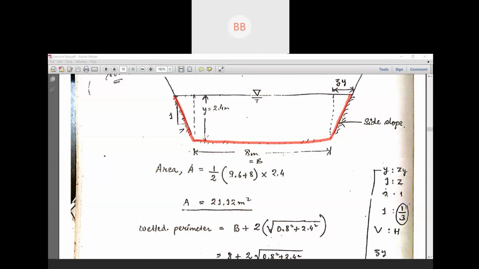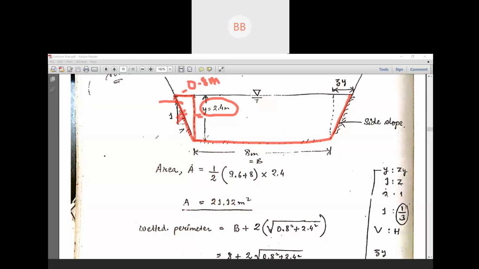This will be your wetted perimeter. Again, this portion is a right angle triangle, where this length is given, that is 2.4 meter. This we have calculated, 0.8 meter. And this portion we need to find out.